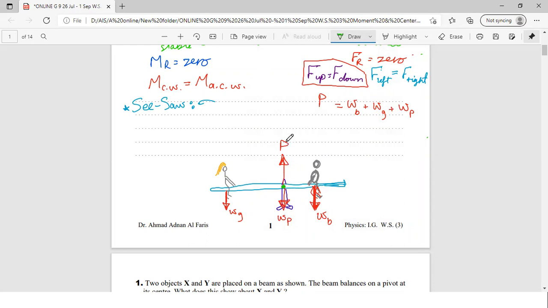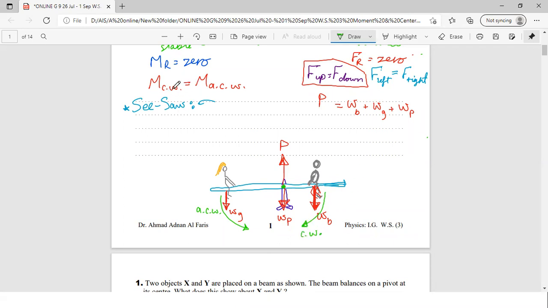So both of these two don't have moment. What about the moment of the girl? She acts downward to the left of the pivot, so her weight does a moment anti-clockwise about the pivot. The boy, me, acts in the opposite direction, because he is on the right of the plank, so he makes the rotation in this direction, clockwise.